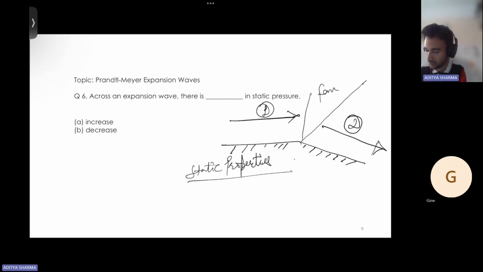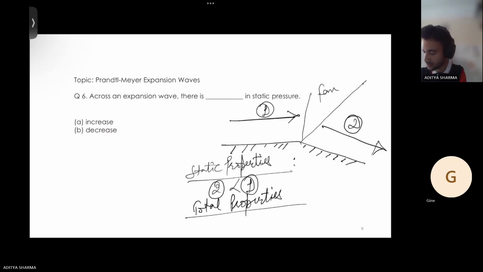What happens for static properties? 2 is less than 1, right? What happens to total properties? 2 is equal to 1, right?